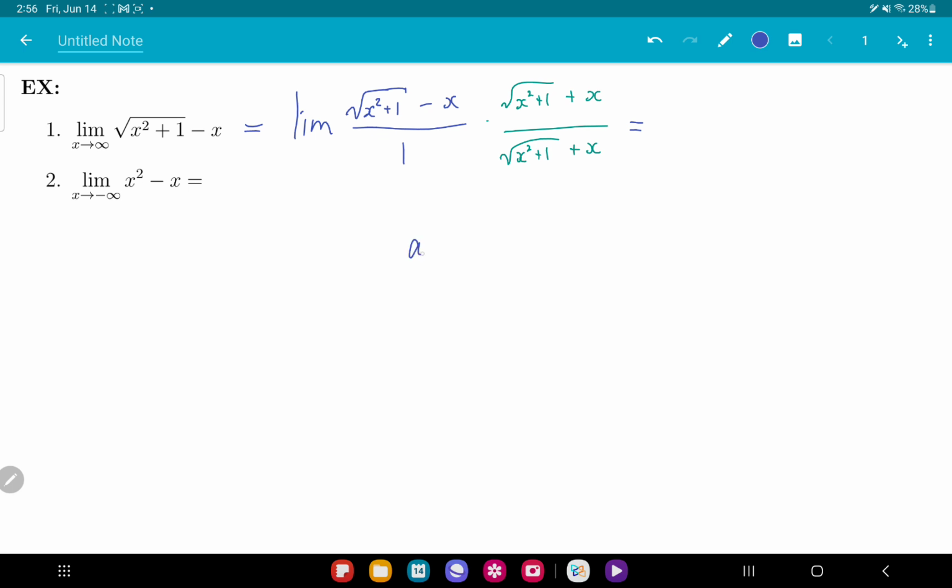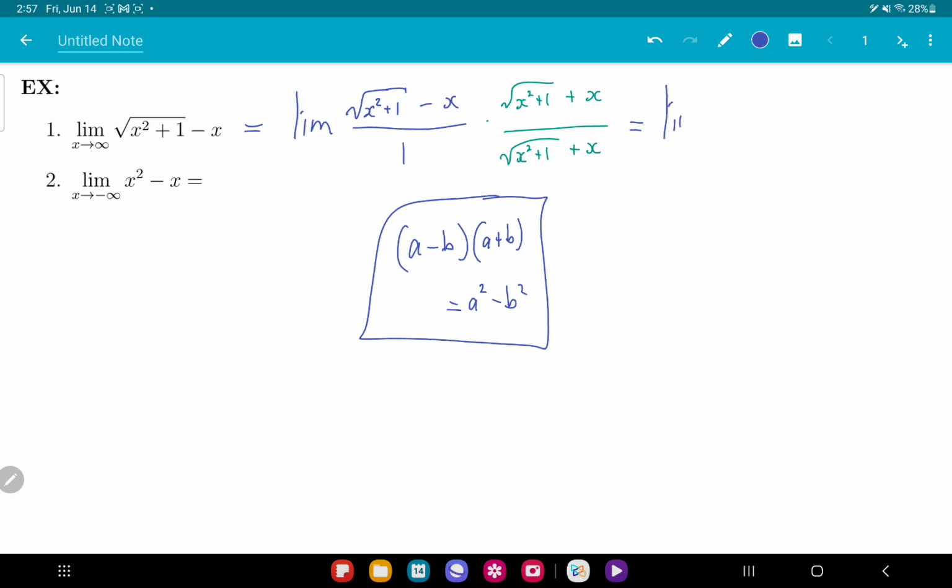Well, I'm doing a minus b, that's this guy, times a plus b, which is this guy. So I'm going to get a squared minus b squared on top here.